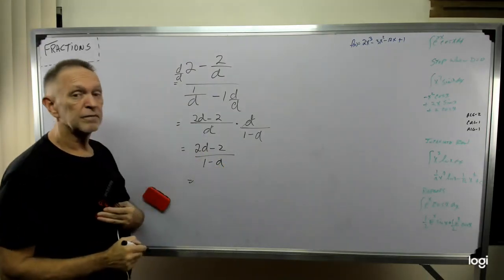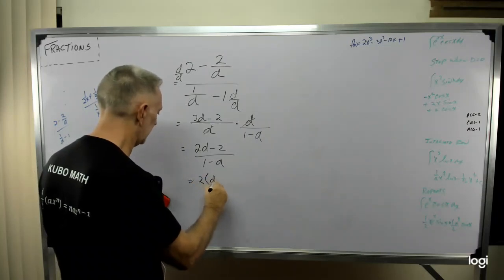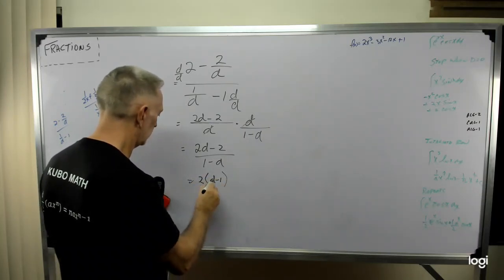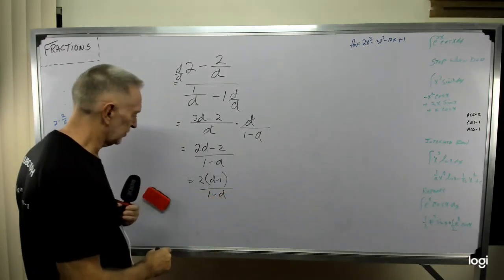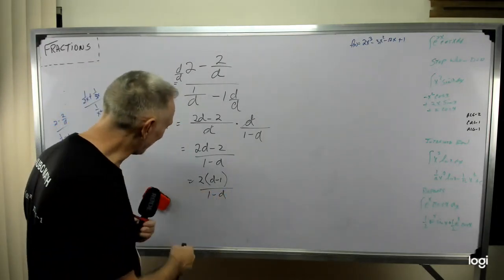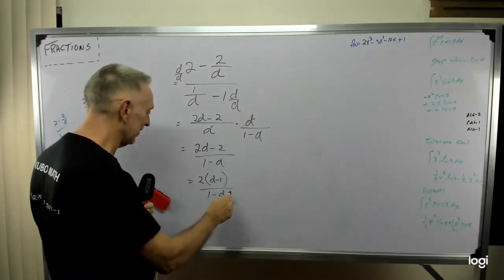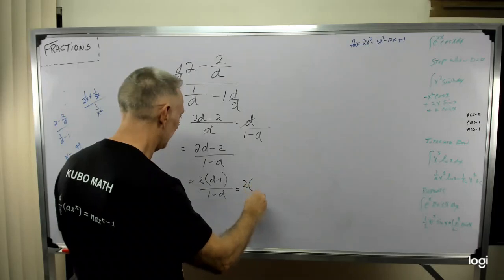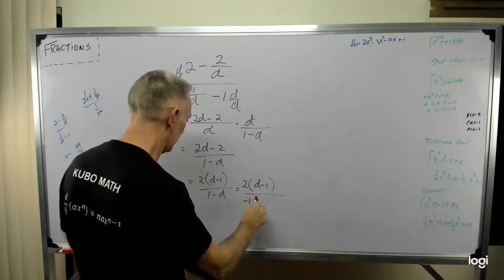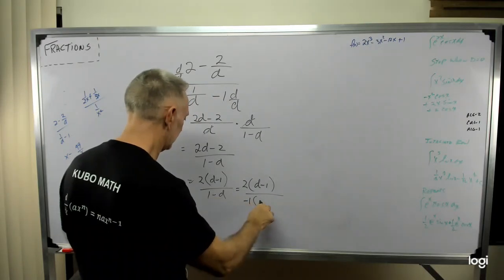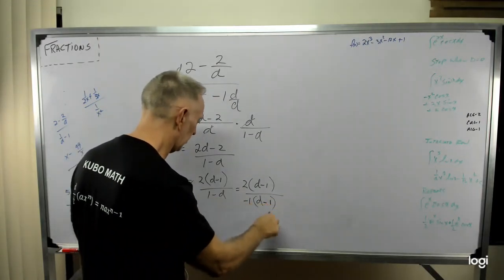When in doubt, factor. I can factor a 2 out of that. It gives me D minus 1. So 2D minus 2 over 1 minus D. Oh no, this is my kryptonite right here. I'm going to factor a negative 1 out of this. So I have 2 over D minus 1 and a negative 1, which gives me, change the signs of that, which would be D. The positive 1 goes to negative 1.